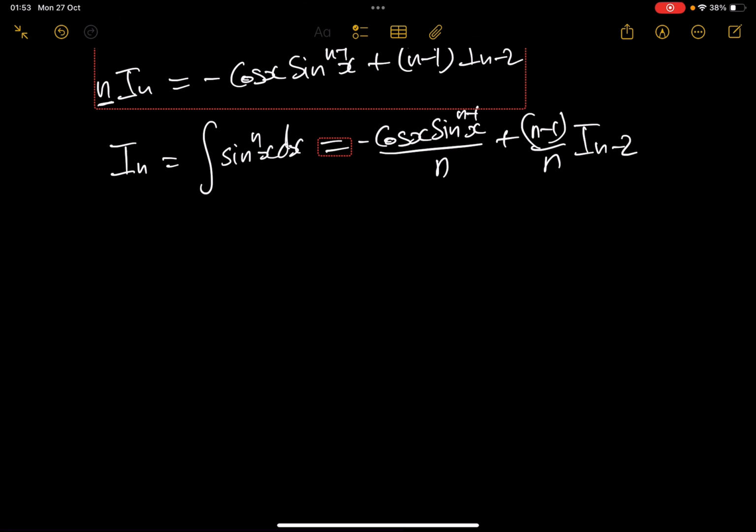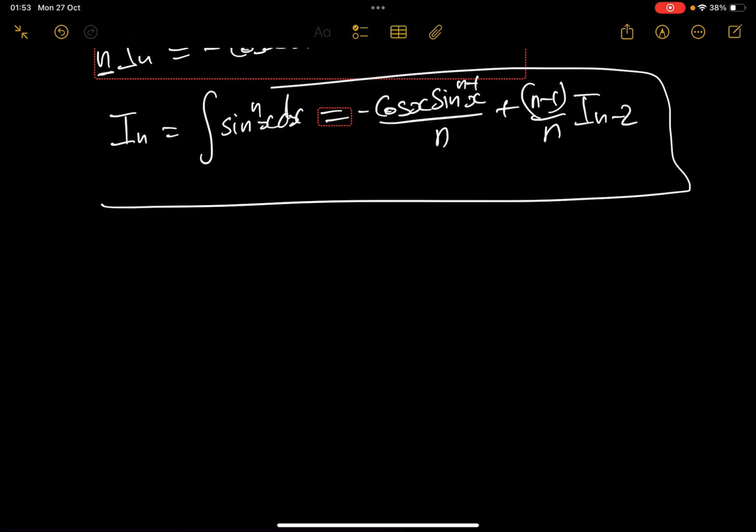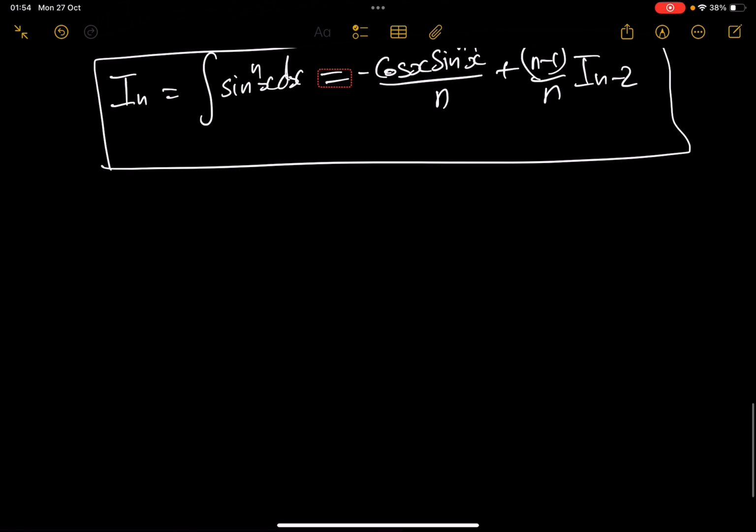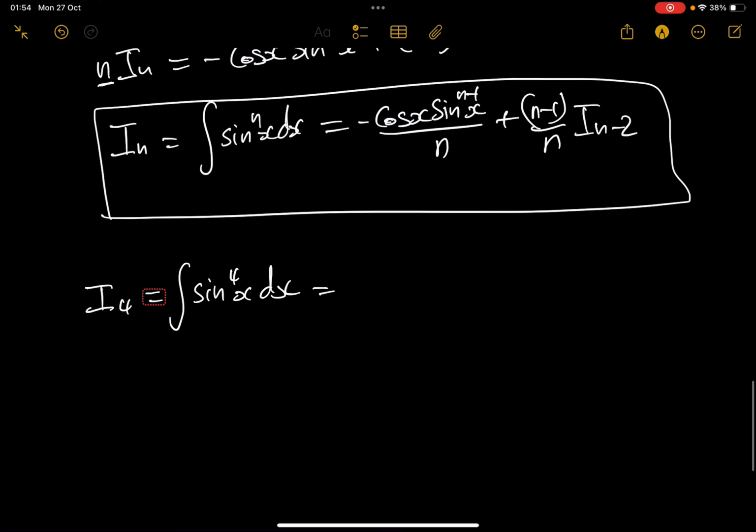So now this is the general formula that you're going to use to reduce the integral of sine raised to any power n. So let me just make an example. If you have I_4 equal to the integration of sin^4 x dx, how do you evaluate this? Where there is n in this expression, you substitute 4.